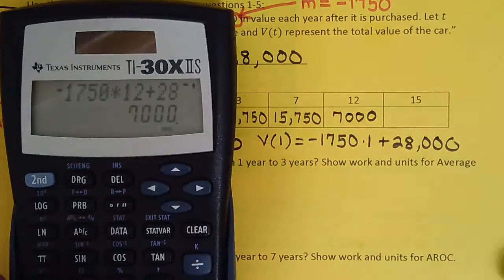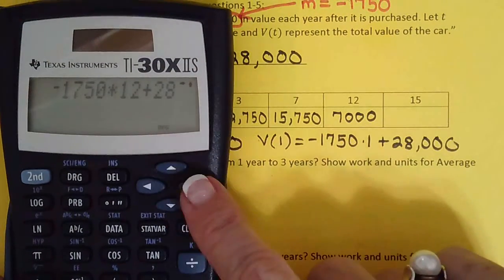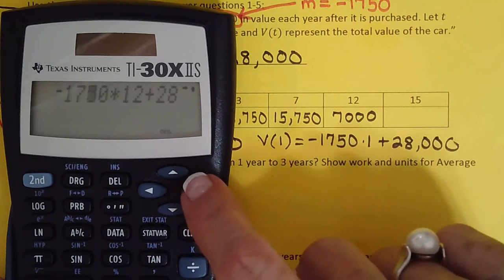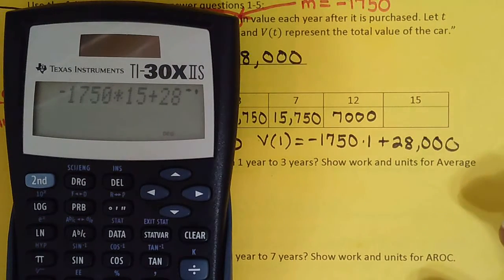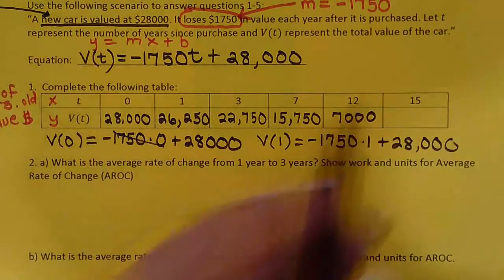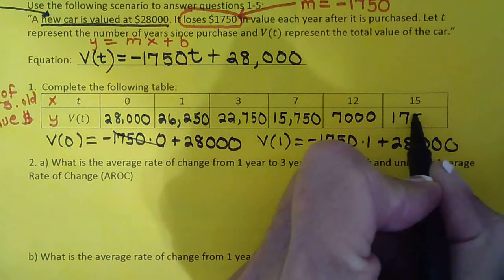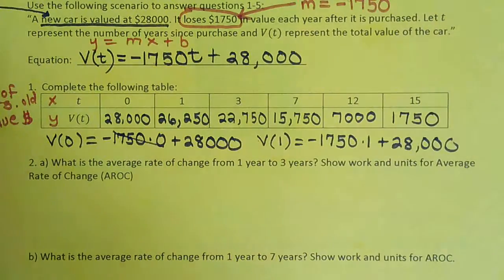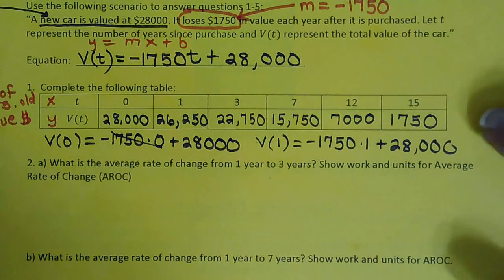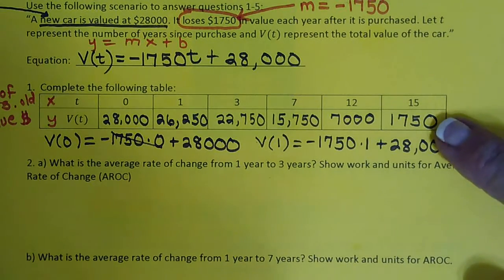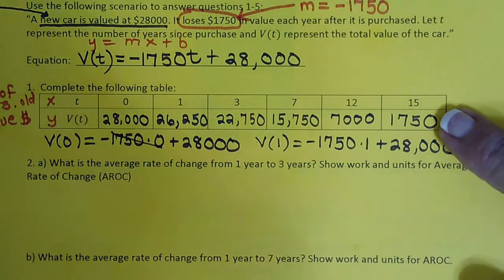And then last but not least, we're going to change the 12 to a 15. So use your up arrow, make that a 5. And we get 1750. And I like to go till the problem ends because I want to know when the car is going to be zero. When I see that I'm almost there, I think, oh, it's losing $1,750 a year. So don't you think on year 16 the car is going to be zero?